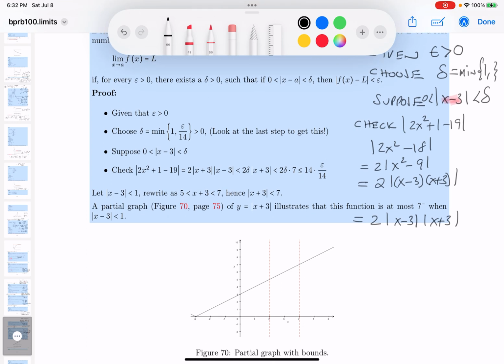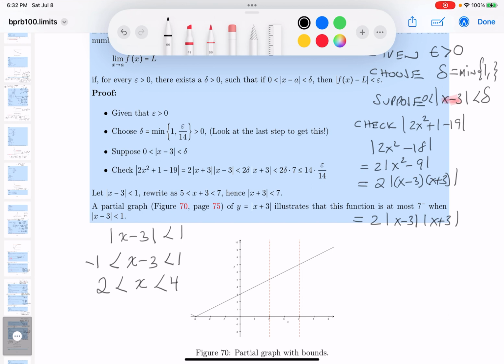So I'm going to say I'm using this over here, the x minus 3 less than delta. But now I'm setting the delta to be 1. I'm going to try to solve this thing, and it's going to be x minus 3 is between 1 and minus 1. And then I'm going to say x, I'll add 3 to all sides, by the way, is between 4 and 2.